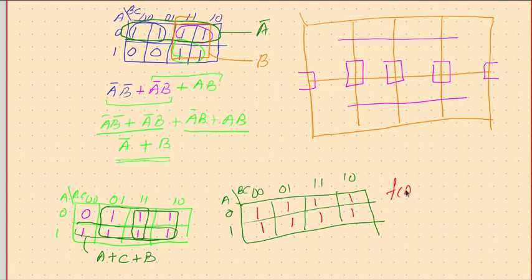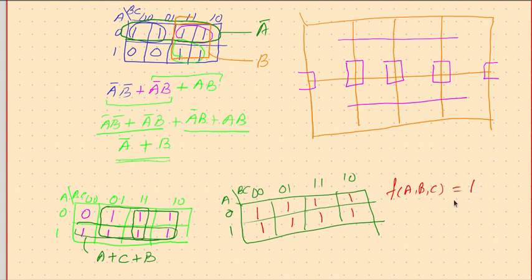So F of A, B, C is equal to 1. I'm saying this explicitly because it is for a problem having 3 variables A, B and C, and for all 8 combinations we found that the output is 1, and hence I can write it like this.